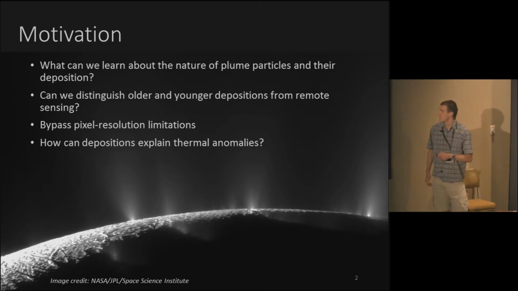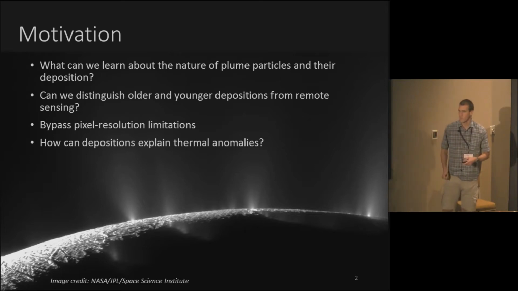Of course, photometry is one way to bypass the pixel resolution problems of remote sensing, because we can focus on one pixel at different angles and try to retrieve some additional data. And maybe to answer the question just asked before, can deposition explain thermal anomalies?